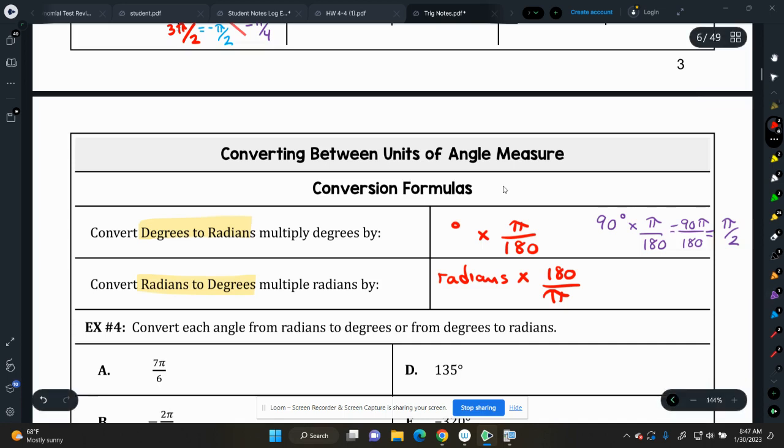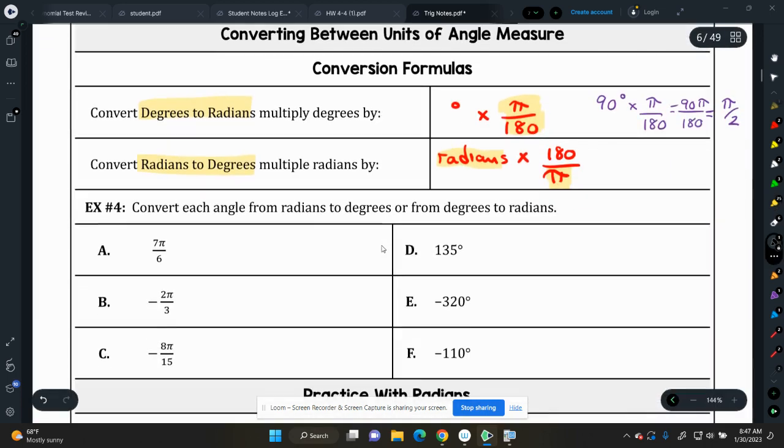Radians often have a pi in them: pi over 3, 2 pi, pi over 4, right? Degrees do not have pi's, so we want to get rid of the pi. We want that pi in the denominator to get rid of the pi that's in the radians. So that's how I remember it, okay?